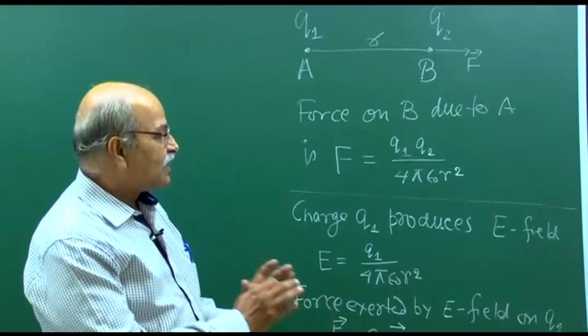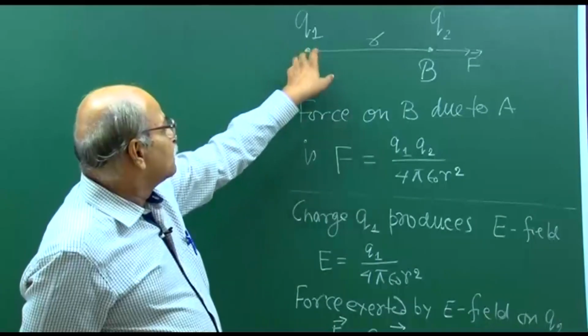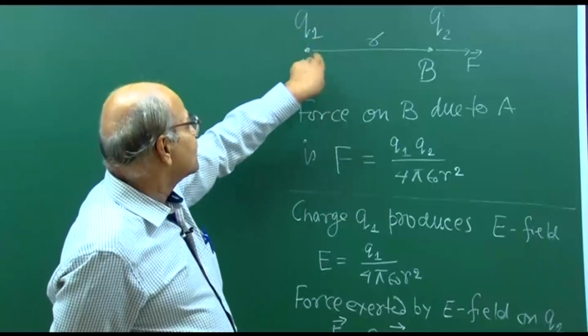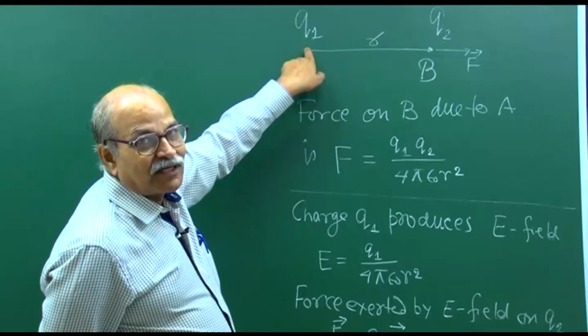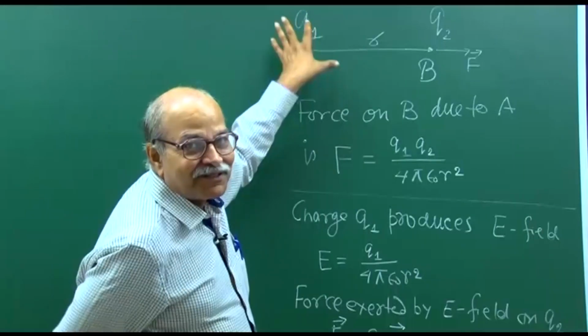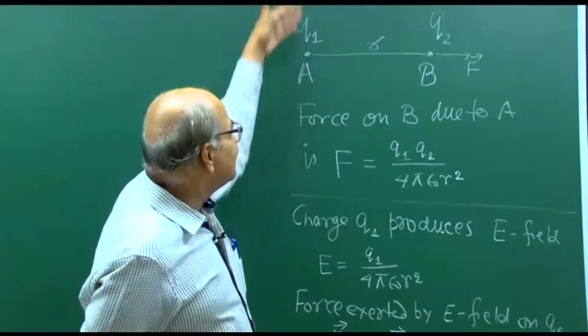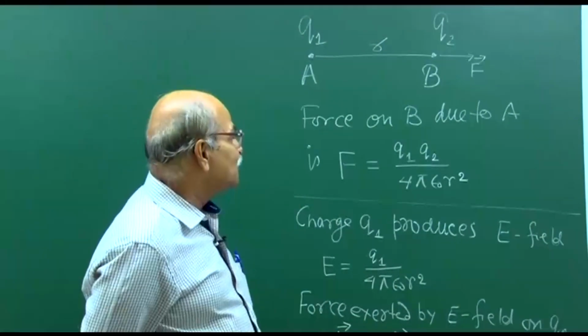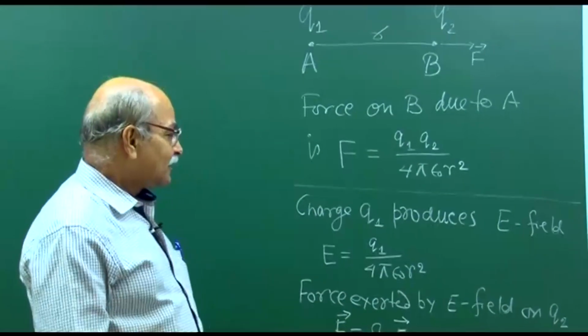So, that is how it has to be done. Of course, the field produced by Q1 will not exert force on Q1, that you can argue from symmetry. If it is there, in which direction will the force be, because the field is in all directions starting from Q1.